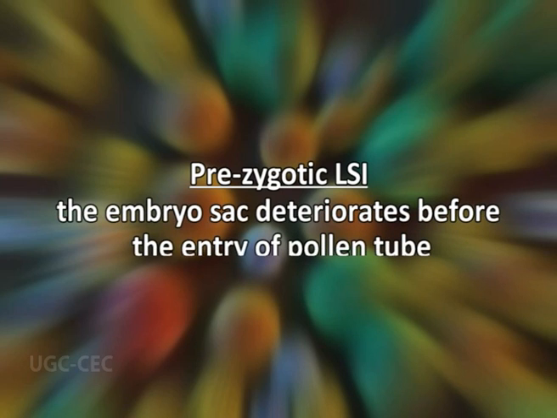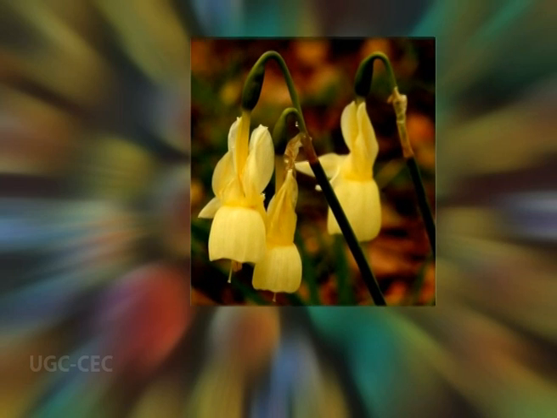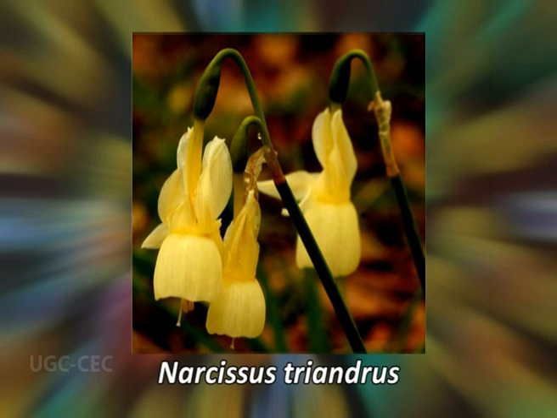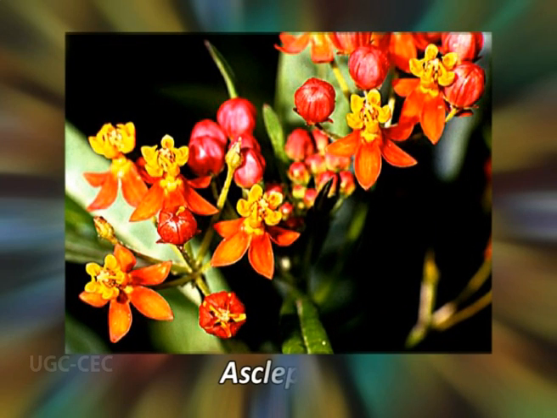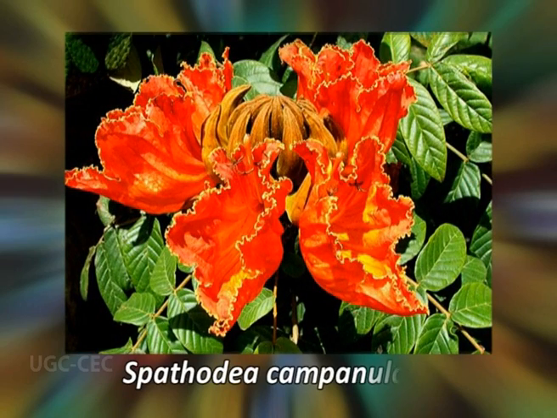In prezygotic LSI, the embryo sac deteriorates before the entry of the pollen tube, for example in Narcissus triandrus. In postzygotic LSI, the zygote or embryo is not able to develop. For example, species of Asclepias and Spathodea campanulata.